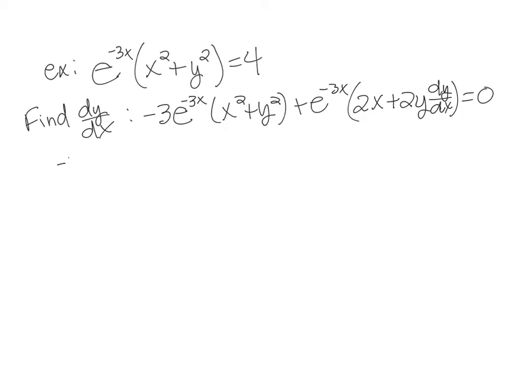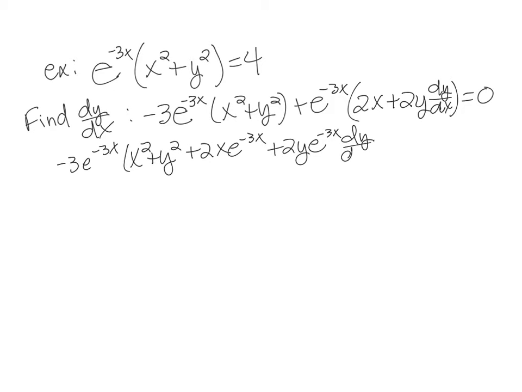So we have minus 3 e to the minus 3x times the blob. Then I'm going to have plus 2x e to the minus 3x plus 2y e to the minus 3x dy dx equals 0. All I did was distribute the e to the power.